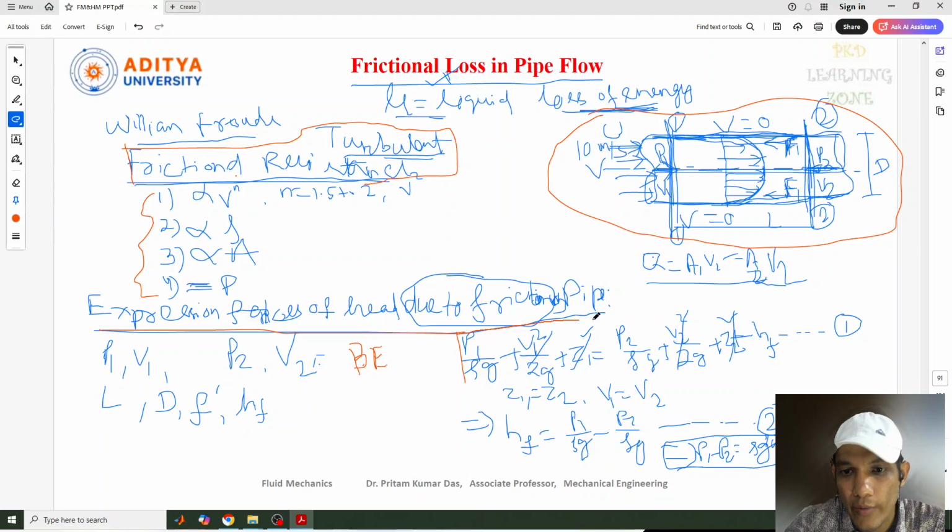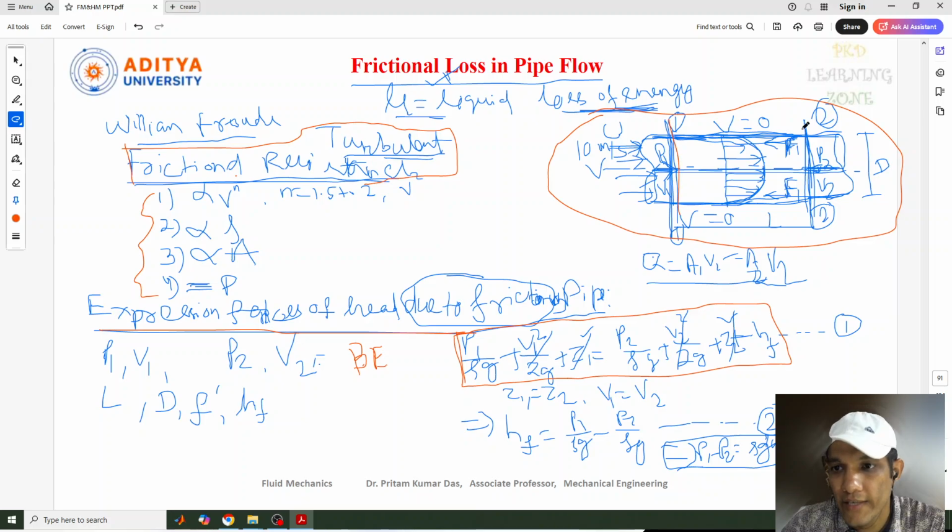Okay, you need to remember Bernoulli's equation, where pressure energy, kinetic energy and potential energy, the three energies are equal at this point plus at this point. These are pressure energy, kinetic energy, and this is the potential energy, you can say. So both at section 1 and section 2, and due to the losses between these two sections, hf.